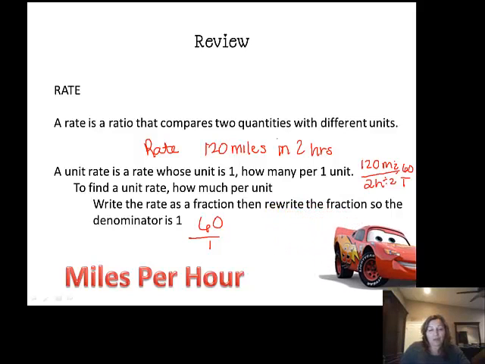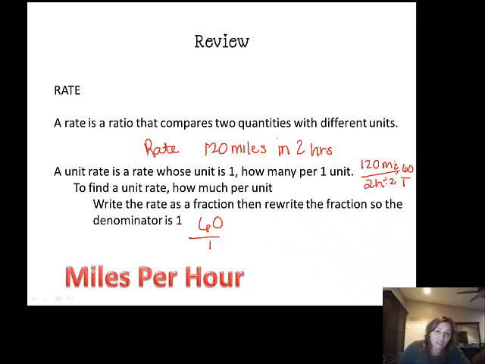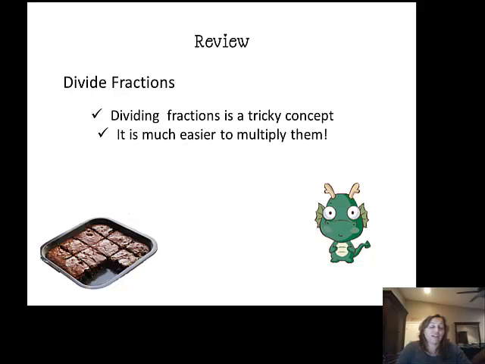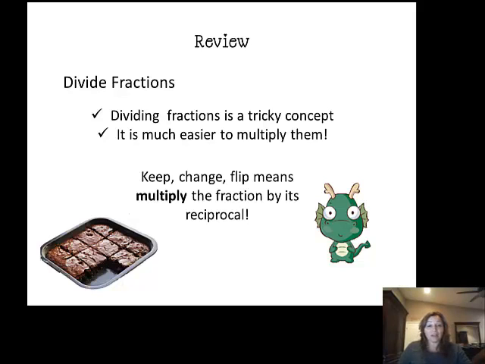The other thing that we need to review for this lesson is how to divide fractions. Dividing fractions, remember, was a tricky concept, and it was so much easier just to multiply. The way that we do that is we learned keep, change, flip, which means we multiply the fraction by its reciprocal. So in the event that I had 1/2 divided by 2/4, I'm going to multiply by the reciprocal.